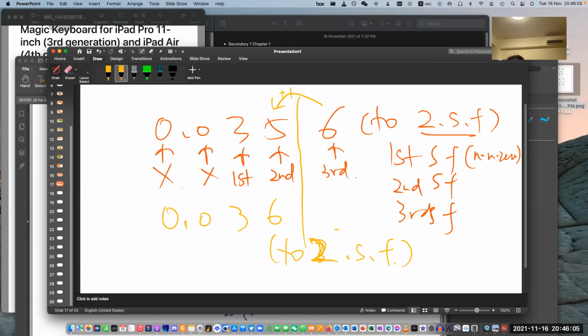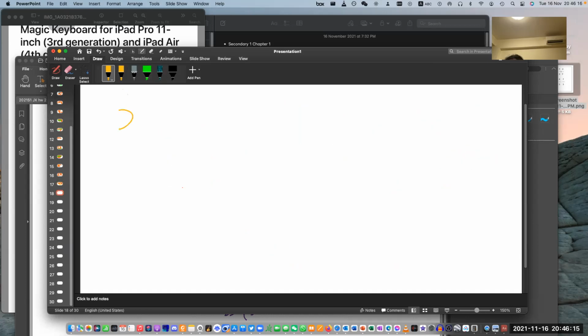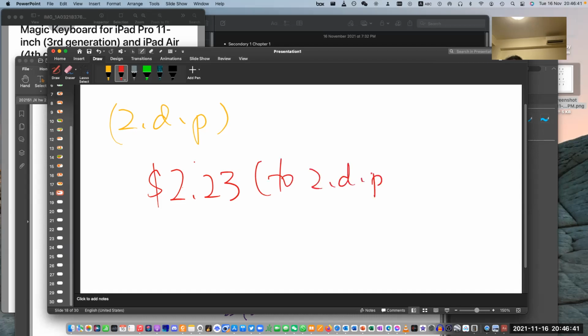Are you clear? Then you must be asking, why do we need to learn 2 significant figures, 2 decimal places? Do you have any idea why? I think you know why we need to learn 2 decimal places, right? Because in dollars, we can only express our number to cent. So that's why you need to use two decimal places.